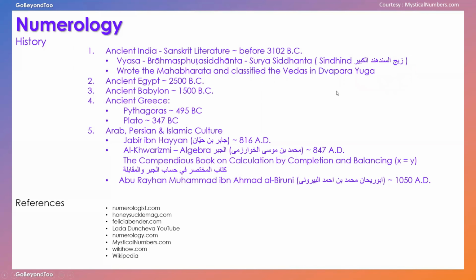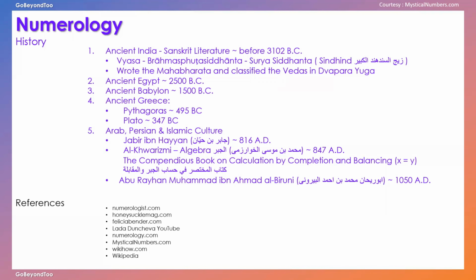So this book formed the basis of a lot of the sciences we know today, such as mathematics and chemistry and astrology and astronomy. Also in ancient Egypt, Babylon, Greece, and Arab, Persian, and Islamic culture, there were a lot of significant scholars that wrote about mathematics and numerology in different ways.